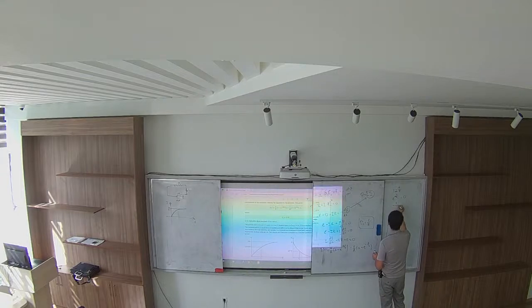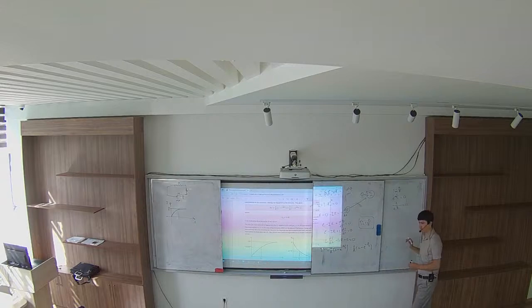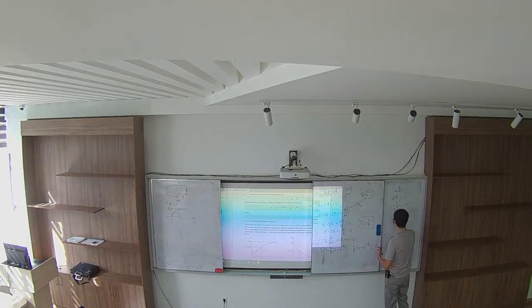So 1 over e to the t divided by tau L is 0, right? This is approaching 0 when the function approaches infinity.